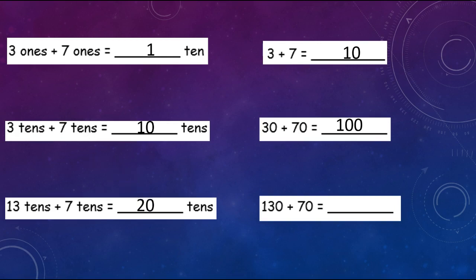There's 20 tens. And 20 tens turns into how many? If 10 tens turns into 100, if we had 20 tens, it's going to turn into 200. So 130, because 13 tens is 130, plus 7 tens, or 70, equals 200.